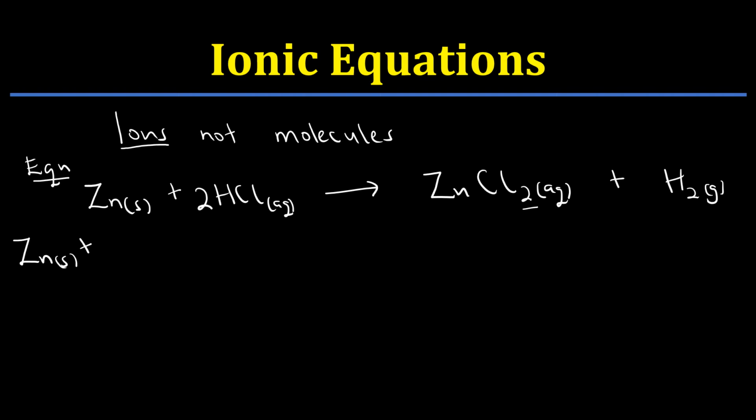Plus, now hydrochloric acid can dissolve to release the hydrogen ions, aqueous. However, we have 2 of them, so we have 2 hydrogen ions plus 2 chloride ions, because we have 2 hydrochloric acid in this equation up here. So on our product side, we shall also have zinc chloride.